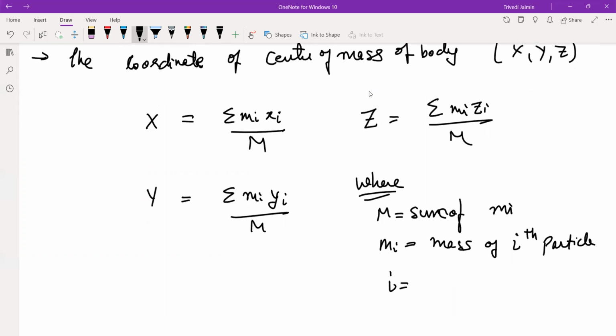And what is i? i is a number from 1 to n.